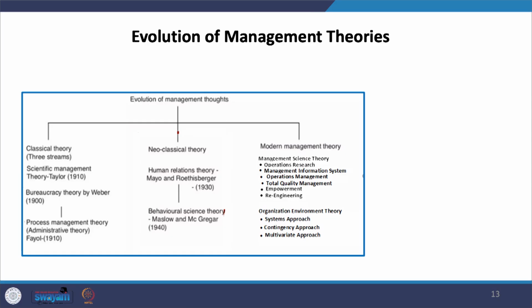While the older theories still remain, new concepts have started creeping into the discussion of management and organizations, to make them more sustainable, to focus more on productivity, while the concern for employees and for the social systems in the organization still remains. How organizations and environment interact with each other has been discussed with organizational environment theory. The prime focus of this theory has been the systems approach, contingency approach and multivariate approach.